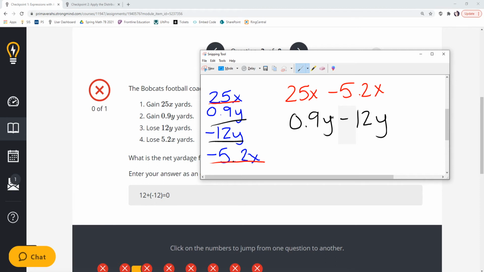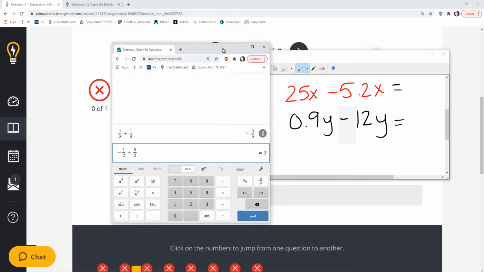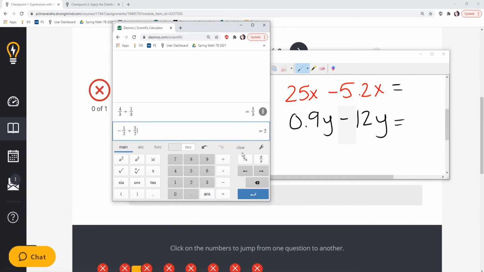All right, from here, all I need to do is type these numbers into a calculator to get my answers. So the first one, when I have 25 minus 5.2, that gives me 19.8.